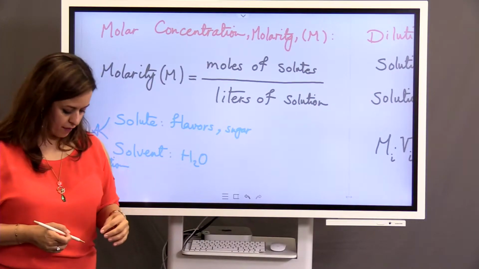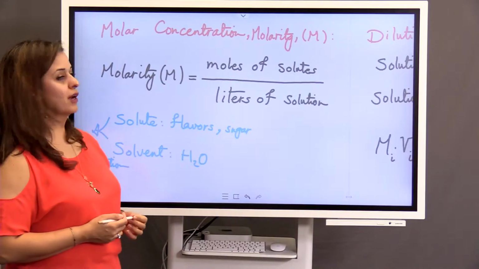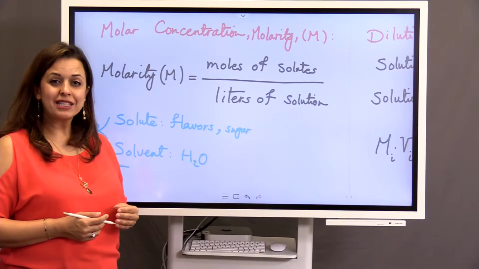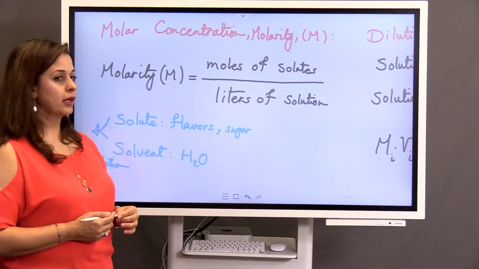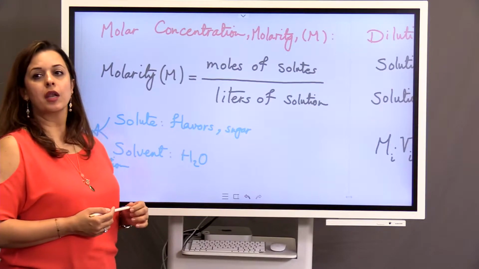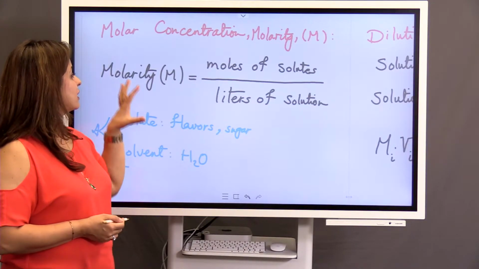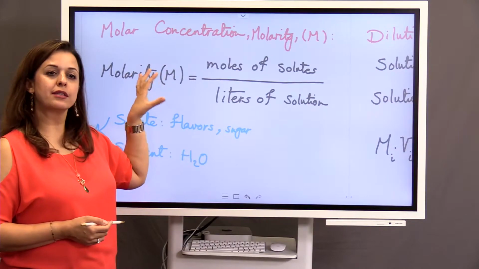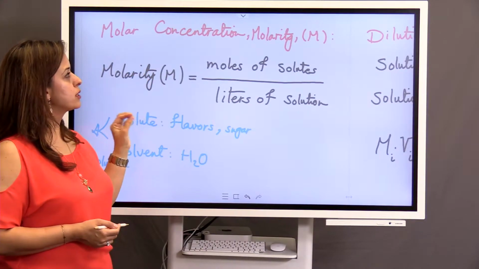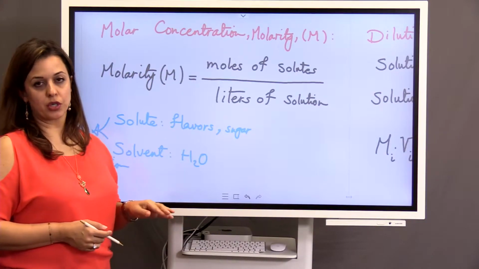You will have other units of concentration like molality, mass percent, and mole fraction, but molarity is the most important and the most common unit for the concentration of liquids.